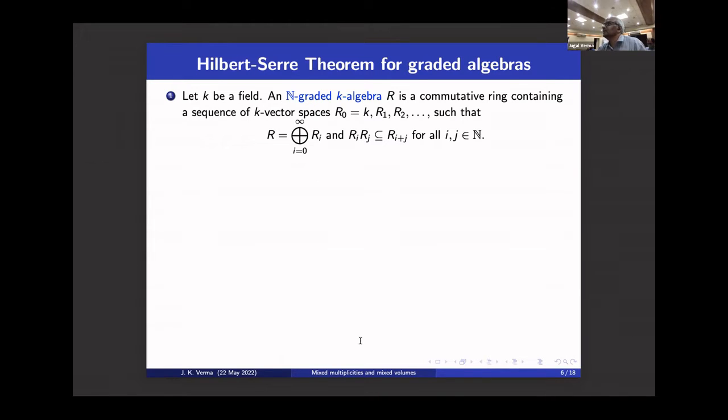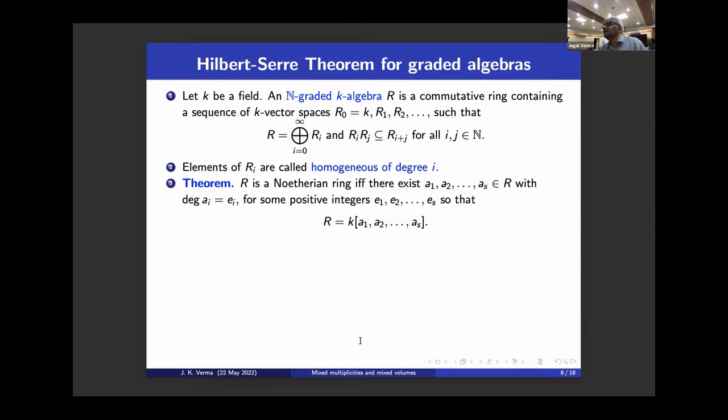So it's a graded algebra graded by the semigroup N. The elements of Ri are called homogeneous of degree i. Then the ring R is a Noetherian ring if and only if there are finitely many homogeneous elements of certain degrees, so that R is an affine algebra over this field generated by these homogeneous elements. It is called standard if the degrees of these generators are all 1.